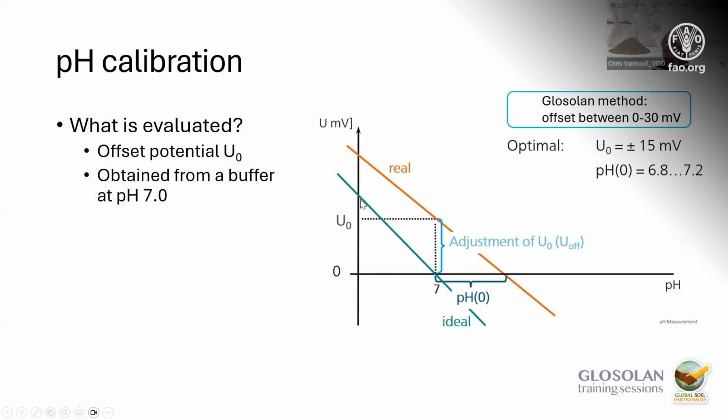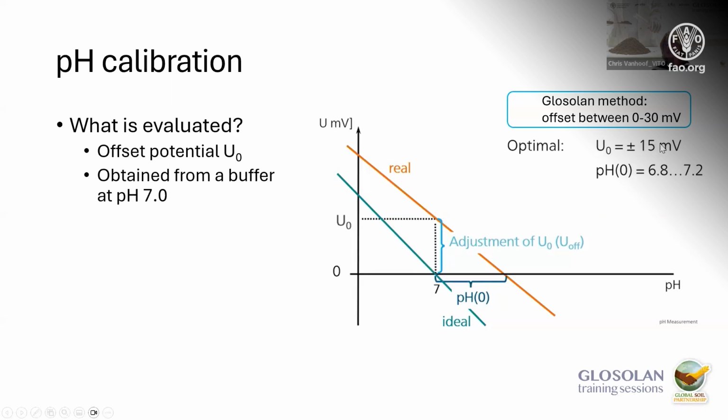Ideally the curve will be situated on the blue line, which means that your offset, the potential at the zero value, is located over here. Ideally, the potential at 0 is at pH 7. Of course, in practice, you get a slight deviation and you get an adjustment of that.